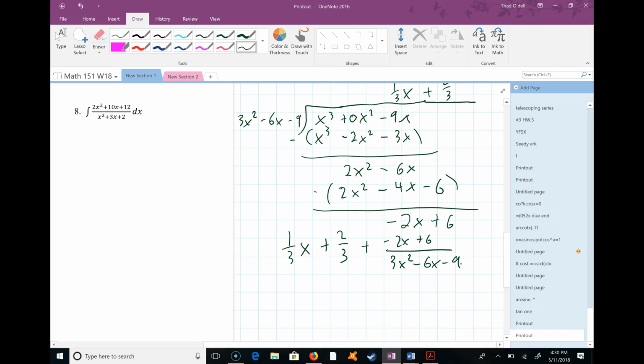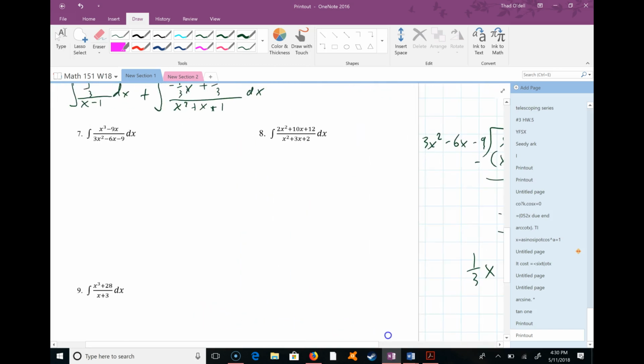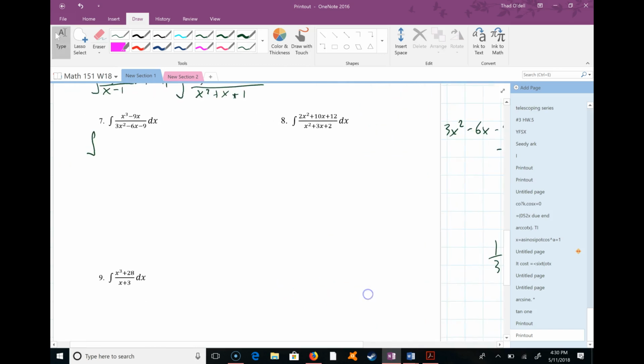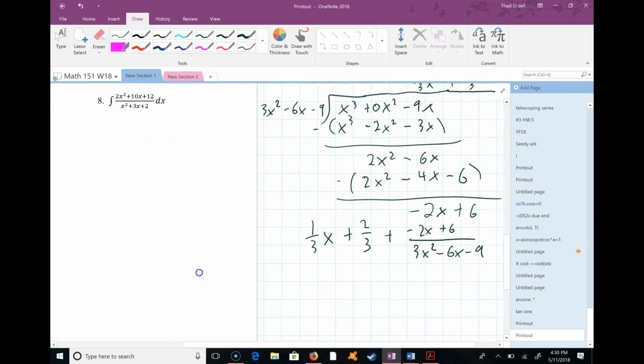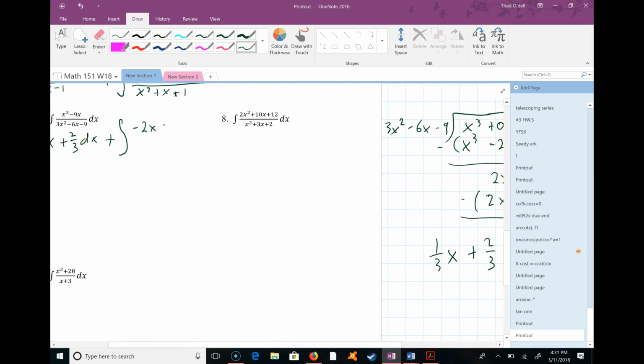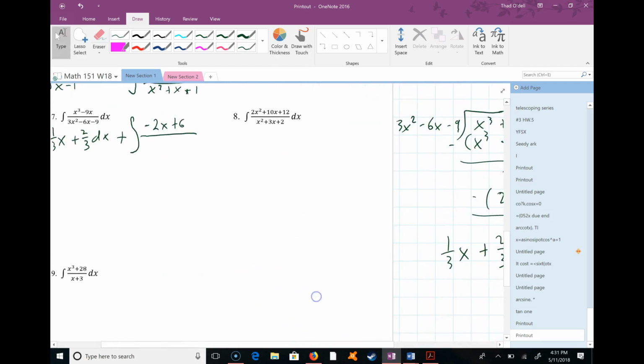So then we would just integrate this thing. Essentially this is going to be the integral of 1/3 x plus 2/3 dx. We'll just separate that out, plus the integral of negative 2x plus 6 over 3x squared minus 6x minus 9.